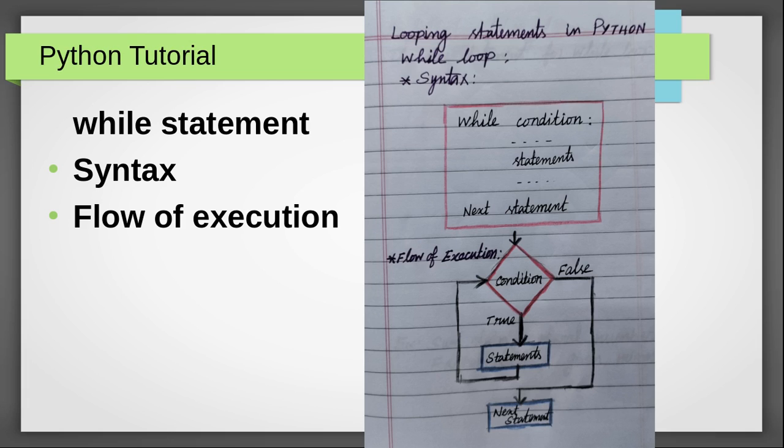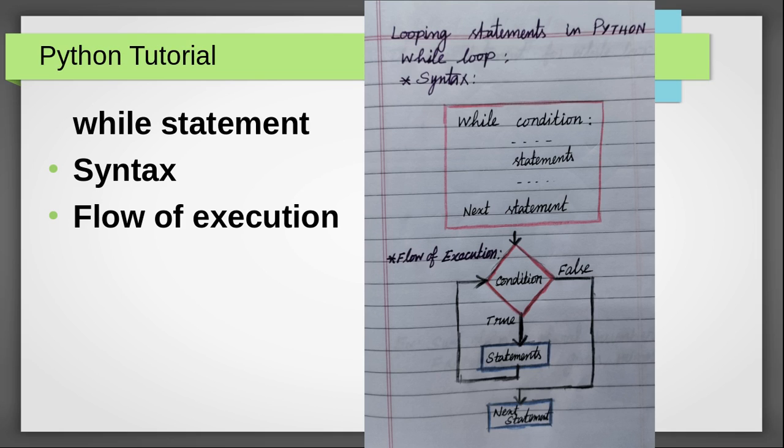These n number of statements are executed based on the outcome of the condition. If the condition evaluates to true, the statements are repeated. When the condition becomes false, the control comes out of the loop, which means the next statement is executed.